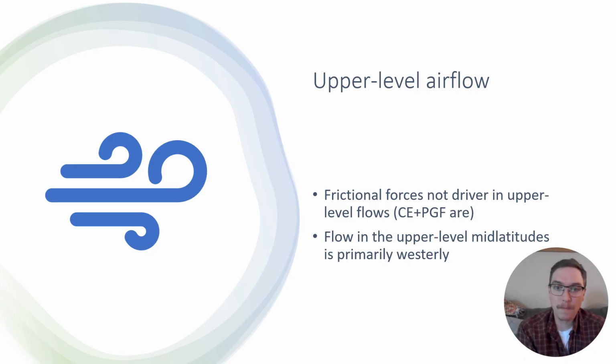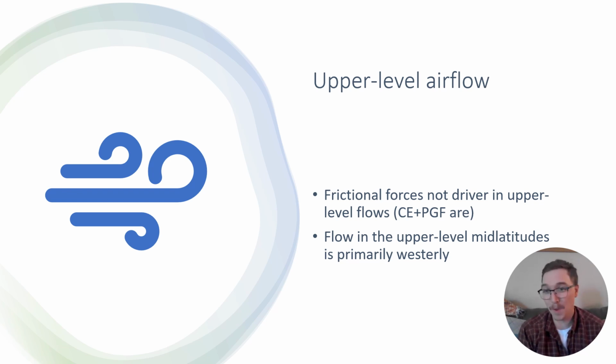So first thing, for upper level airflow, we need to make a couple of assumptions, right? First off, frictional forces are not really a factor when it comes to upper level airflows. The Coriolis effect and the pressure gradient force are.